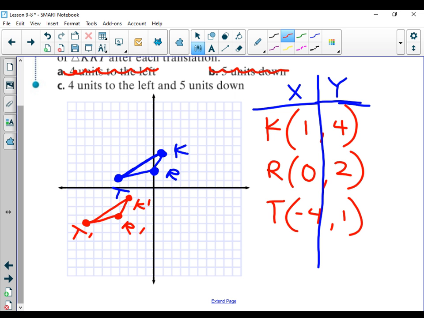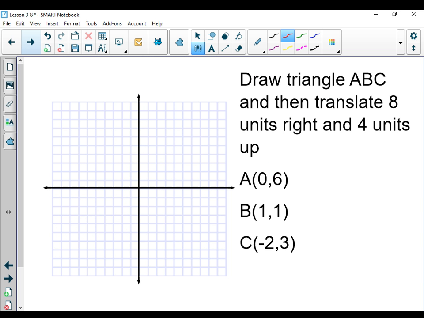Second one, we have triangle ABC. How will I find A? Oh boy. Godiva, how will I find A? 0 and then up.